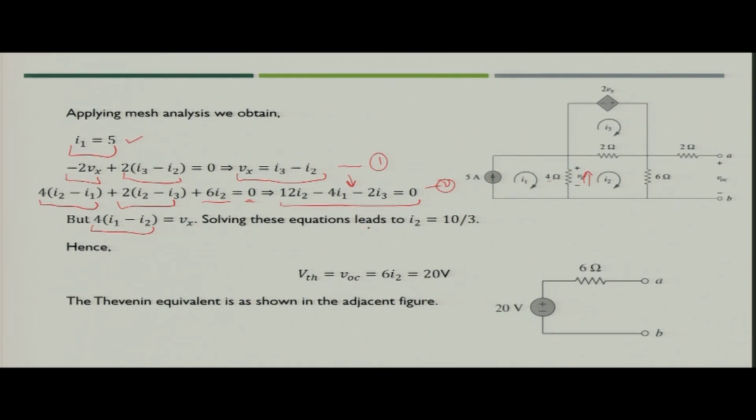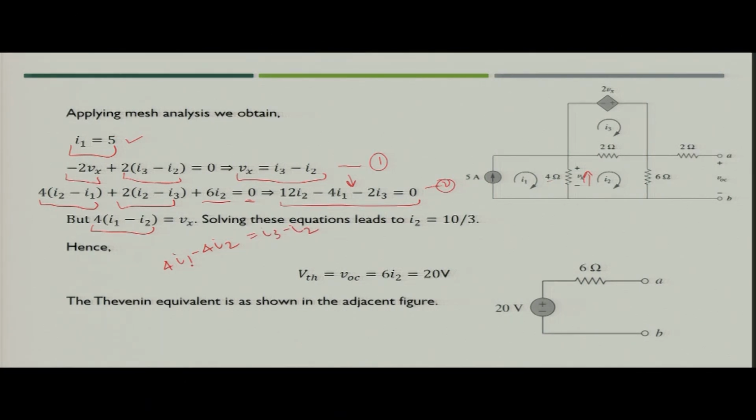When we solve these equations by putting the value of 4 times I1 minus I2 in this, you simply get 4 I1 minus 4 I2 is equal to I3 minus I2.